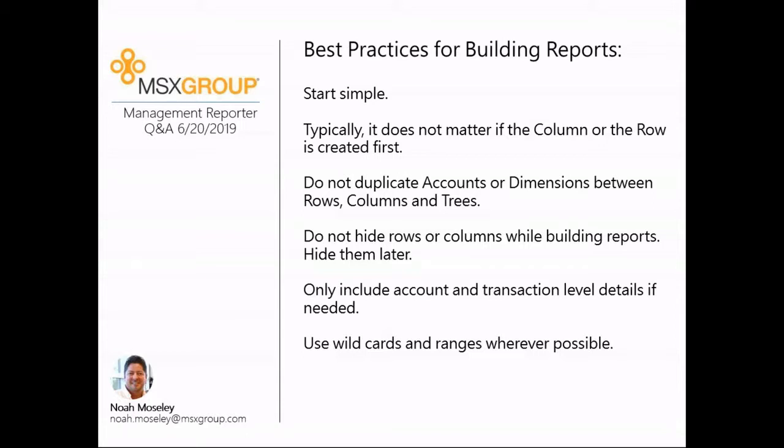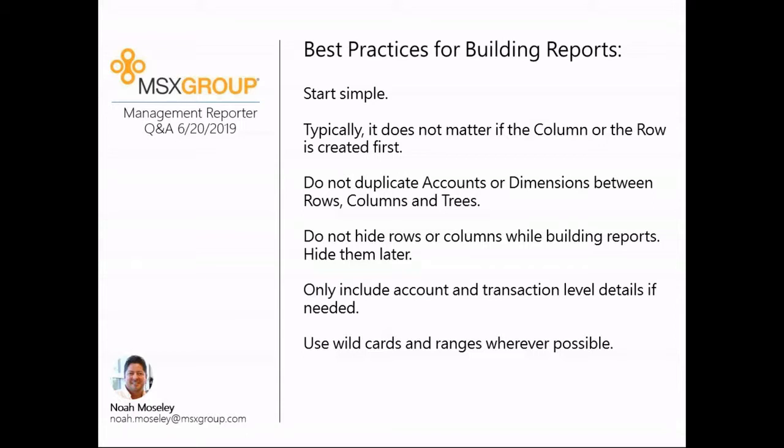Those are, say, if you want to build a column definition and you want to limit that column definition to certain parts of a reporting tree. So you'd have obviously build a reporting tree first and then build the column definition. Same thing for a row definition. Sometimes in a row definition, you might want to refer to part of a reporting tree. So you have to build that reporting tree first and then build the row definition. So it doesn't always matter which one you build first, but in some cases it does.